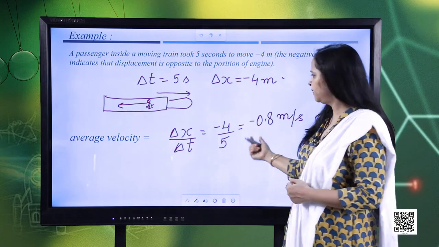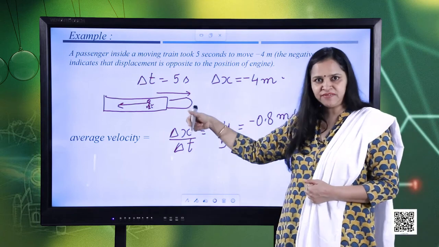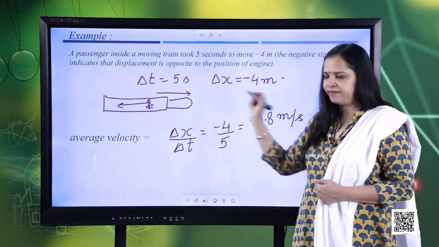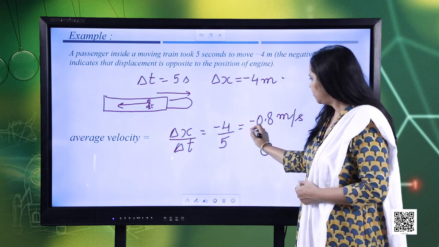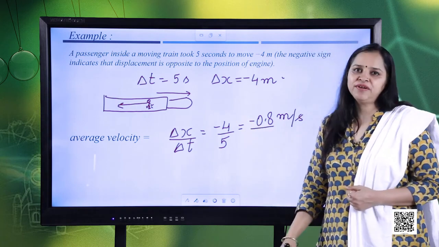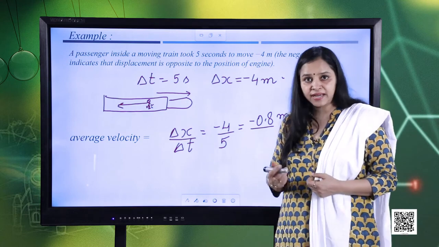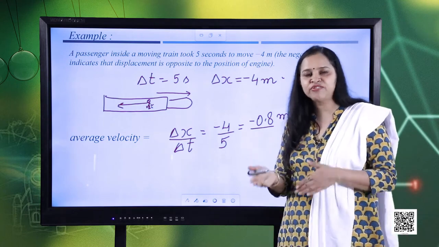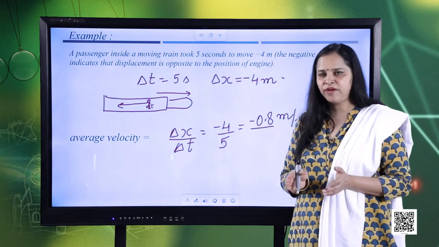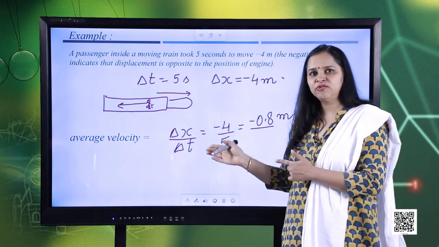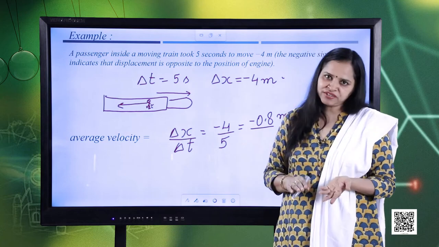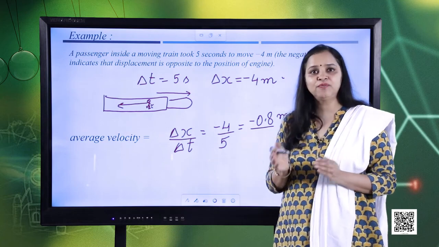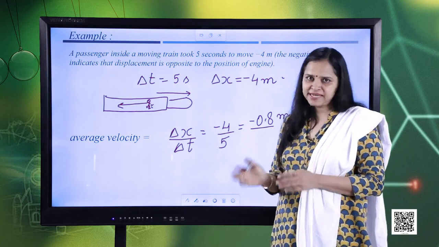This is the average velocity of the passenger moving inside the train. We see that average velocity can also be negative. It's a vector quantity, so just like displacement, which can be positive, negative or 0, average velocity can also be negative, positive or 0. It has both magnitude and direction.